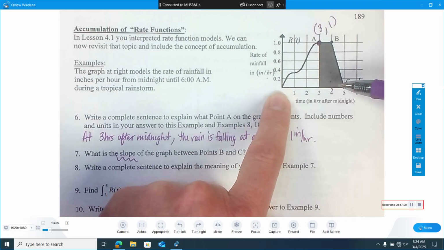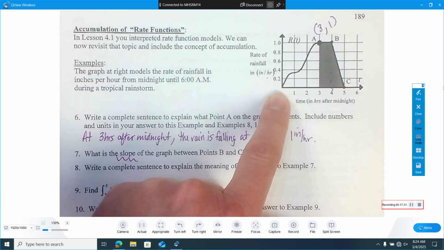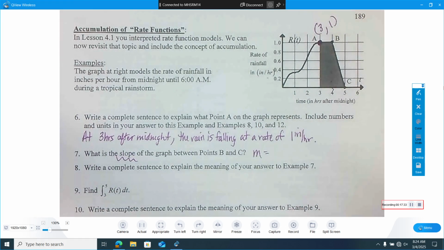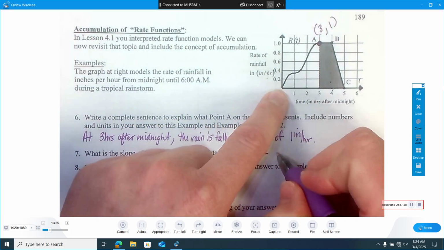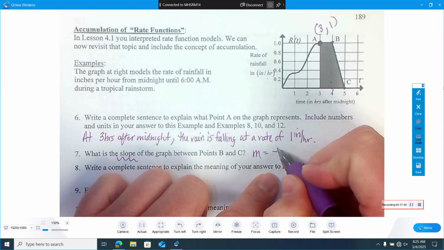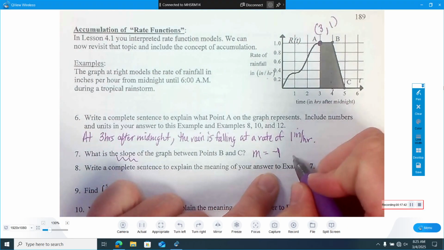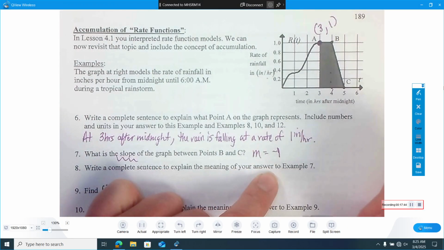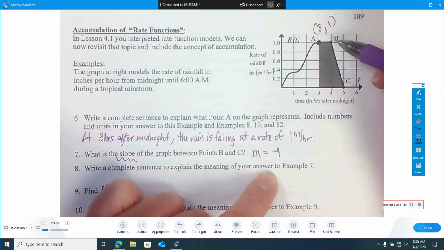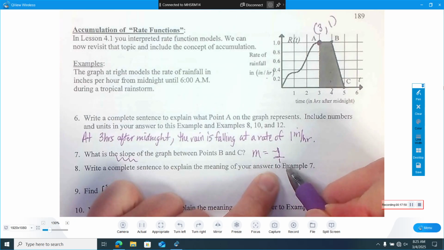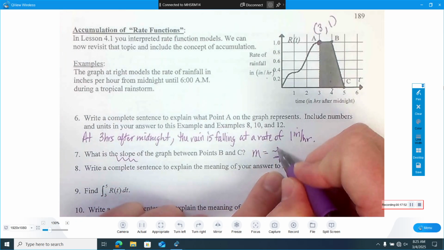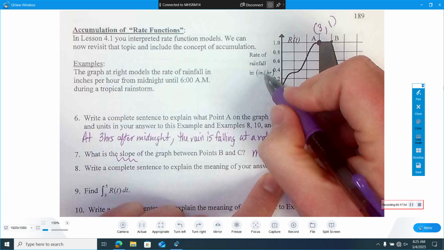I do that all the time. I simply count the boxes like it's down 5 over 1. No, it's not. We started at 1 and we're going down to 0. So it is down 1 over 1. If we were to include units, down 1 over 1, that's my slope. If I go down 1, those units are inches per hour.